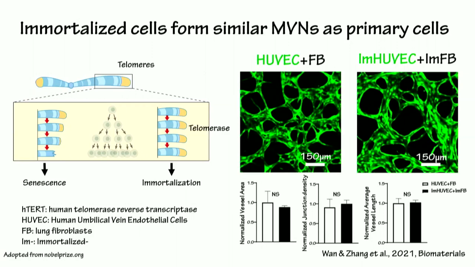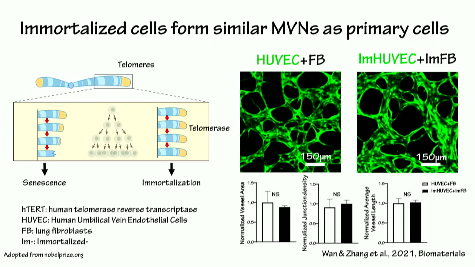This was actually a Nobel Prize several years ago. People found that in primary cells, when the cells proliferate, the telomeres are shortened, and eventually they become senescent. But if we overexpress hTERT, they can maintain their telomeres, so they become immortalized. You can think of the immortalized cells as a good cell line.